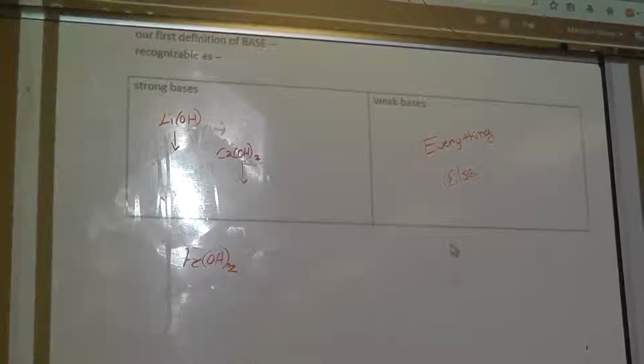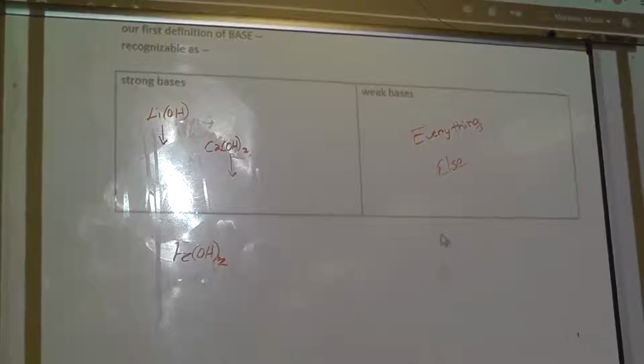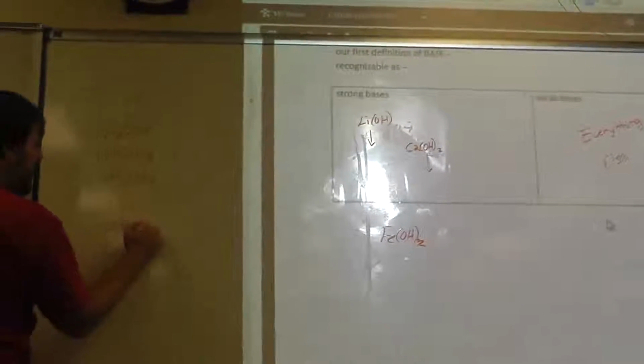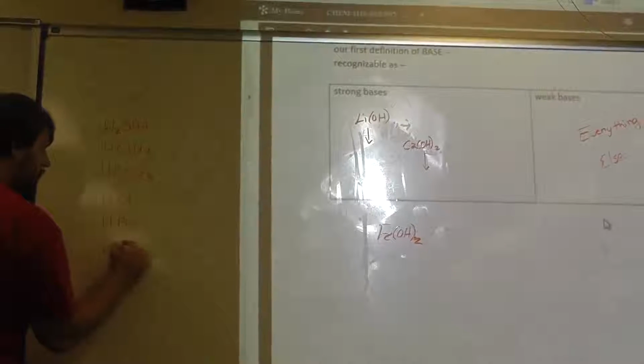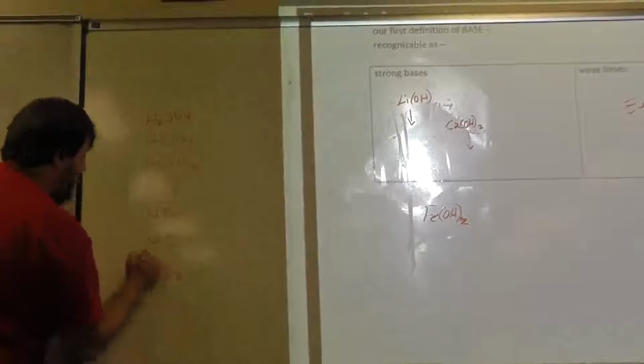For the very same reason that you've got 7 strong acids: sulfuric, chloric, hydrochloric, hydrobromic, hydroiodic, and nitric.